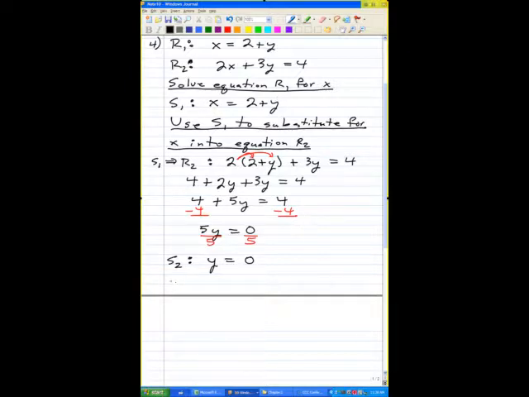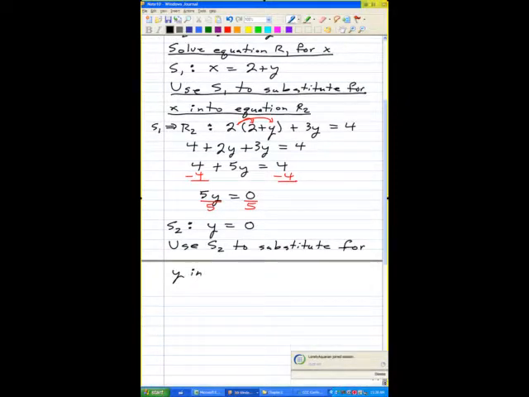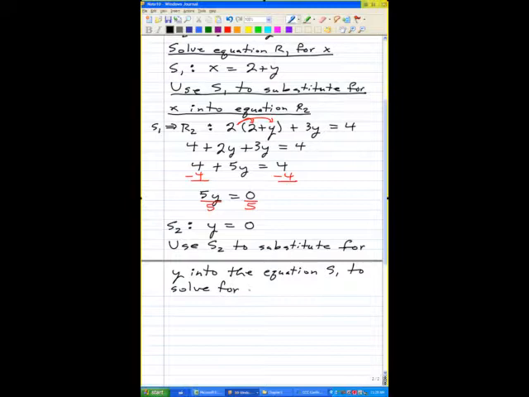And so I'll use S2 to substitute for y into the equation S1 to solve for x.